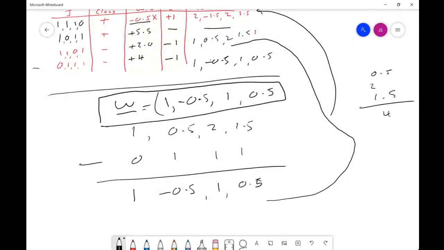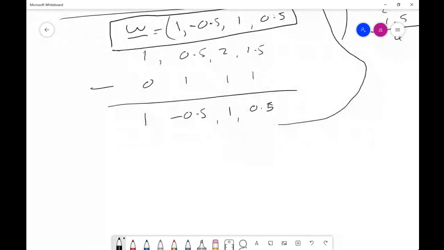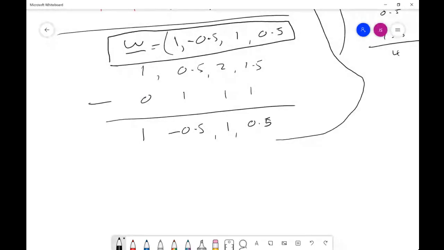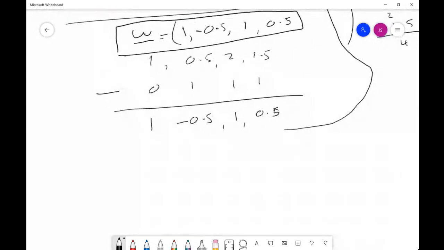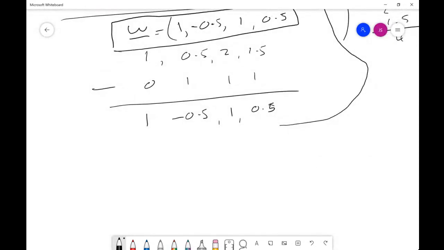And of course, the last weight vector guarantees to get the last pattern correct, but it might have introduced errors previously. So you then have to take that weight vector and go through the training set again and update it for each error. Now, in an exam, I would not expect you to do any more than 3 iterations.